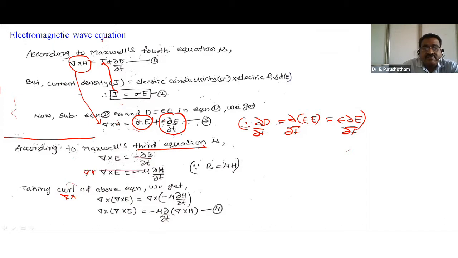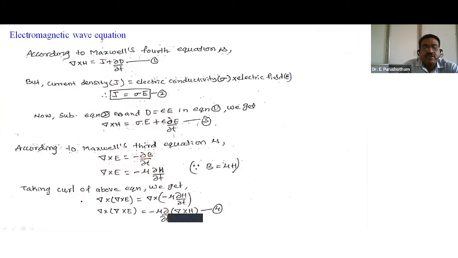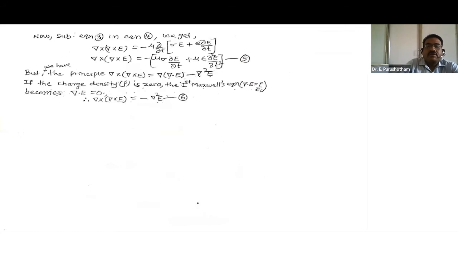So curl of E is equal to curl of this, minus mu dou by dou t of curl of H. This is equation number 4.